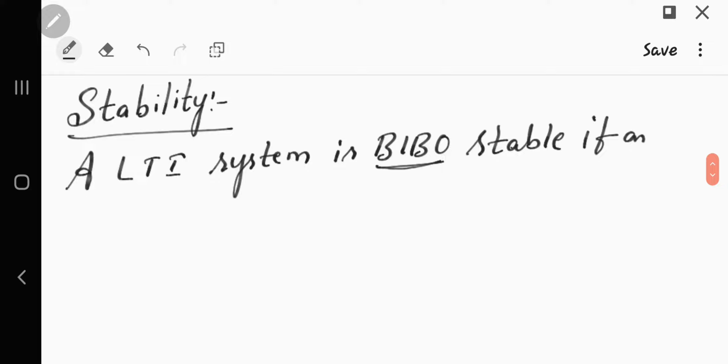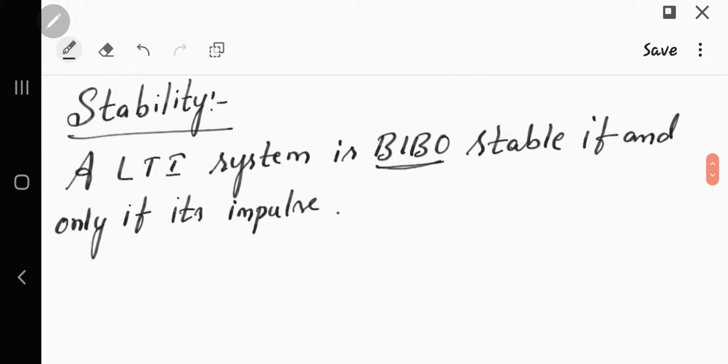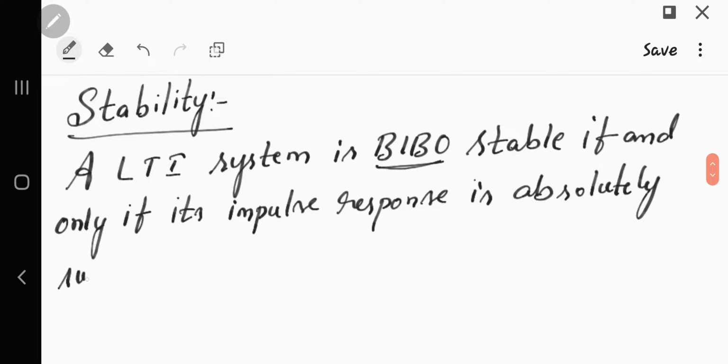An LTI system is bounded input, bounded output stable, I am writing in short, if and only if its impulse response is absolutely summable.